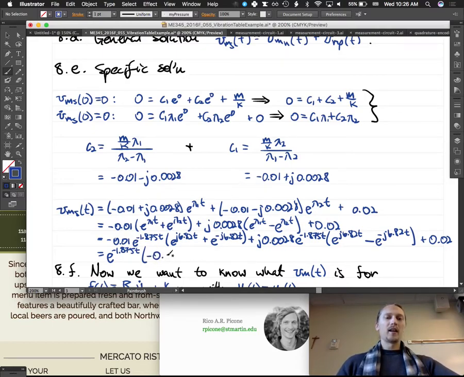And then negative 0.02, so we're going to combine some terms. There's going to be two of them. 2 times cosine of 6.82 t. Now, the 6.82 t is the imaginary part from the exponent here. So that's where that came from.